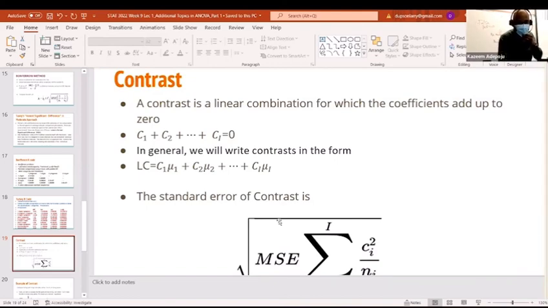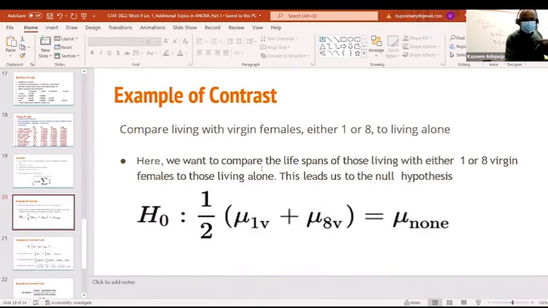Now what I'm showing you, we have a standard error for contrast. Take a look at this. In the example we're treating, let's say we want to compare living with virgin females to living alone.